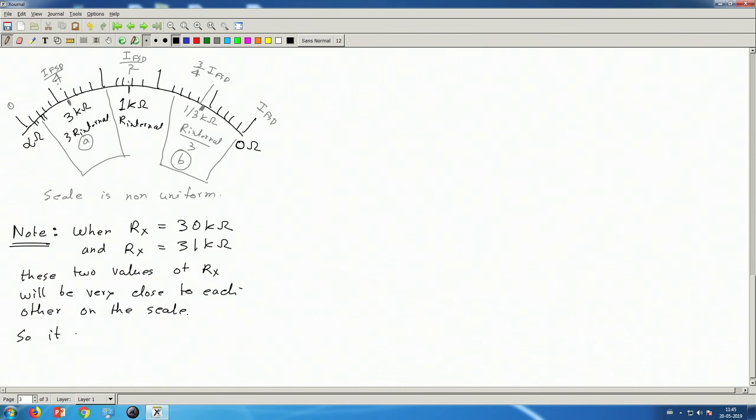It is difficult to read any high value of resistance with high precision.